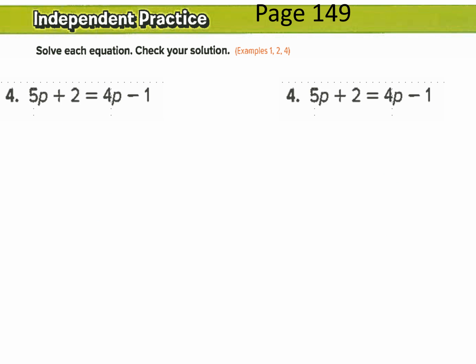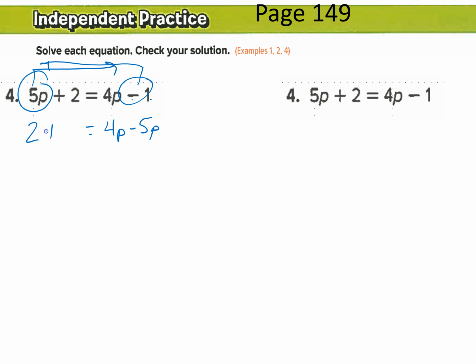The next problem. 5p plus 2 is equal to 4p minus 1. Now I'm going to do this a little differently to show you that it doesn't matter what you move. If I move my 5p over here, I'm going to have 4p minus 5p. And if I move this one over here, this minus 1 becomes a plus 1.